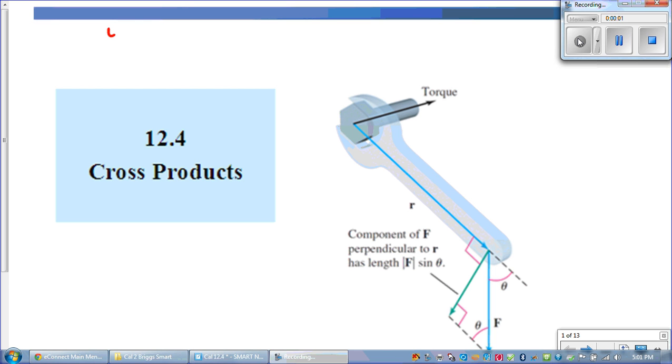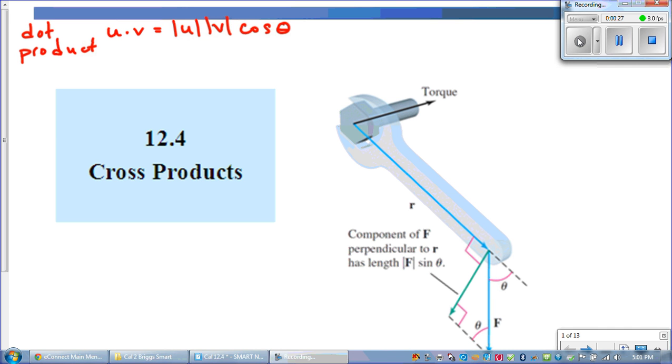Previously, we defined a multiplication between two vectors called the dot product. The dot product was the magnitude of u times the magnitude of v times cosine of theta, which is the angle between u and v. The dot product produced a scalar, just a number, when you found the dot product of two vectors.